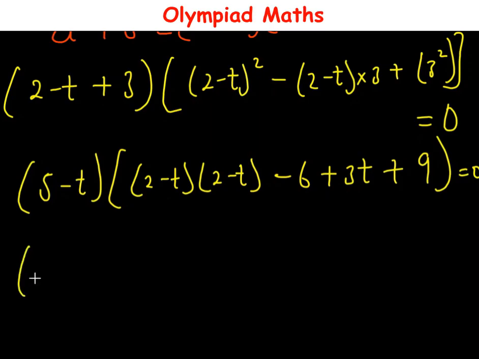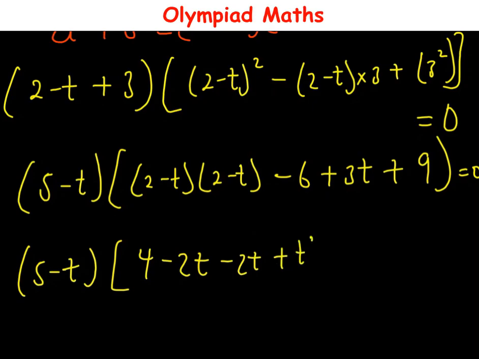So from here, in bracket 5 minus t multiplied by 2 times 2 is 4, 2 times minus t is minus 2t, minus 3 times 2 minus 2t, minus 3 times minus t plus t squared, then minus 6 plus 3t plus 9, all is equal to 0.